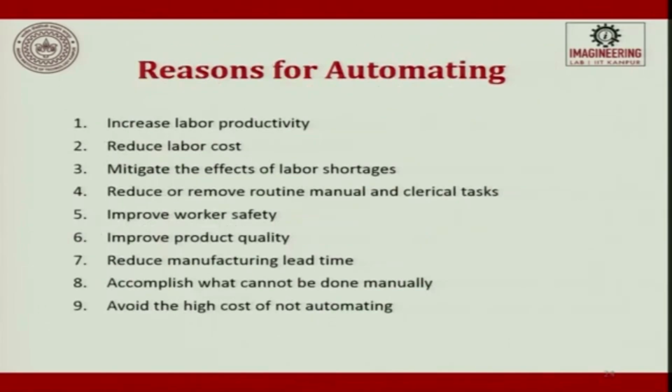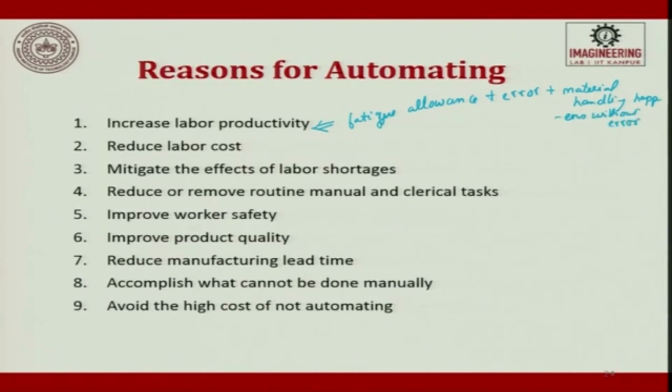So, why do we try to do automation? We wanted to increase the labor productivity. That means there is no fatigue allowance, no error is produced, the material handling happens without error.